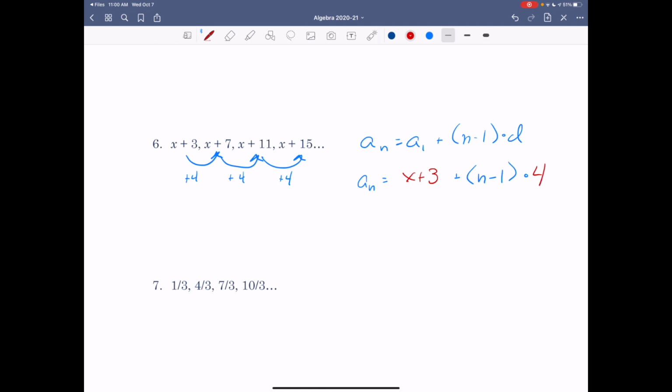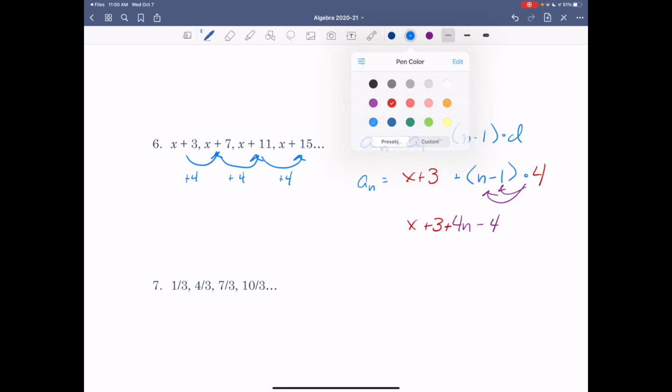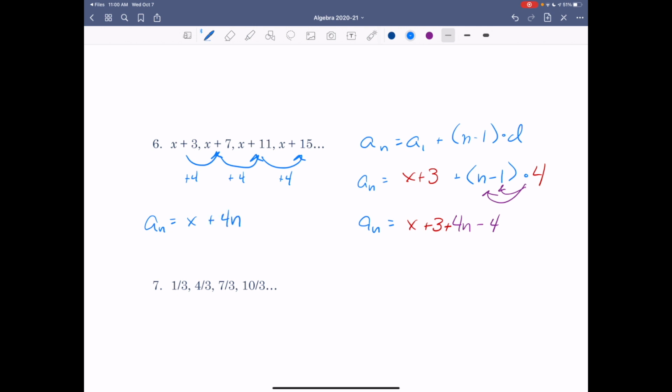And so once we simplify that a little bit, 4 times n, 4 times minus 1, we get 4n minus 4 plus the x plus 3. And so what we end up with is the nth term in this sequence will be x plus 4n minus 1. Because positive 3 minus 4 is negative 1, yes?